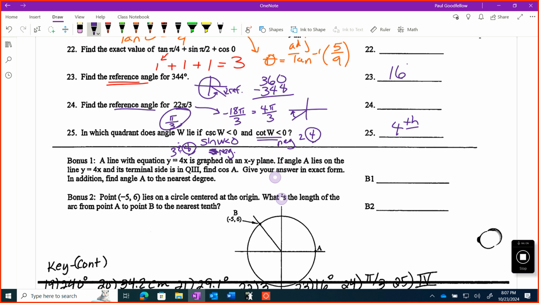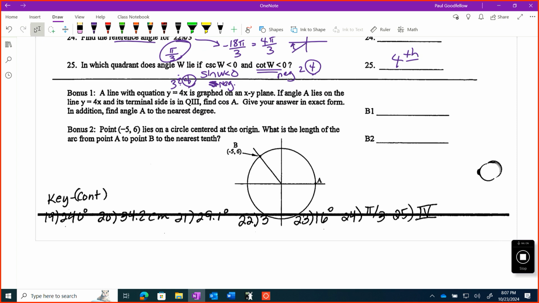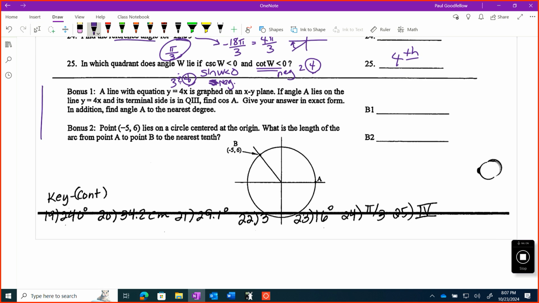Okay? Now, the bonuses that are down here at the bottom, let me take a look. Let me see if I can get my brain wrapped around it. A line with the following equation, an angle lies on that line, its terminal in the third quadrant. Okay, so I'm thinking maybe this line, since it crosses the y-intercept at 0, has a slope of 4, and I know it's going to make a triangle out here. And the real question is how much does it rise and how much does it run?